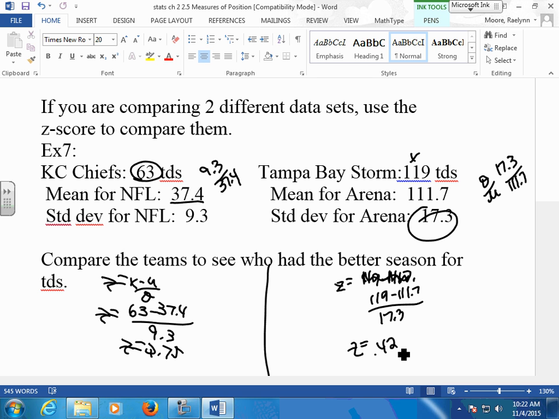Now, normally I look at this and I say, oh my gosh, that's at least almost double their touchdowns. But in perspective, in regards to the rest of their field, the Kansas City Chiefs did much better. Let's just do their coefficient of variability, and that might make a difference now when you understand how we measure these.